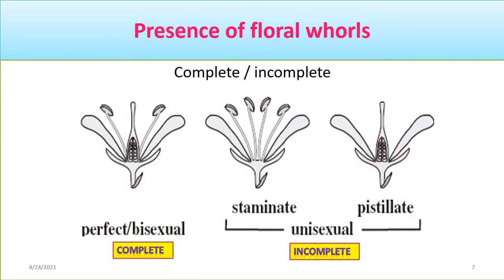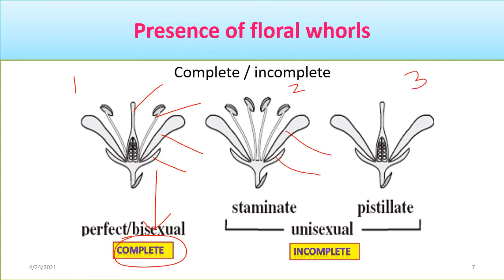The next characteristic is the presence of floral whorls. If you look at the first picture, the flower is said to be a complete flower. As you can see, calyx is there, corolla is there, androecium is there, and gynoecium is there. So this is a complete flower. But in the second and third figures, calyx, corolla, and androecium are there, but gynoecium is missing.